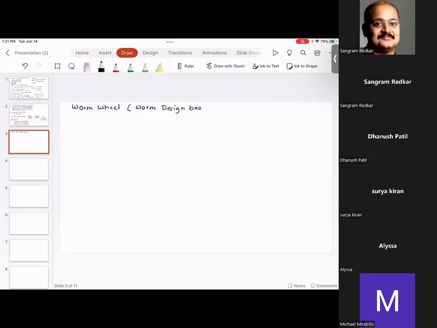So always you first design or get some preliminary dimensions for the worm, and then that gives you the overall dimensions of the wheel. Here are some classic dimensions. The normal pressure angle is 14.5, and it can be 20 degrees.